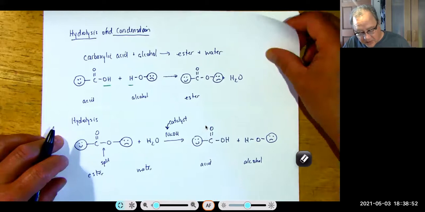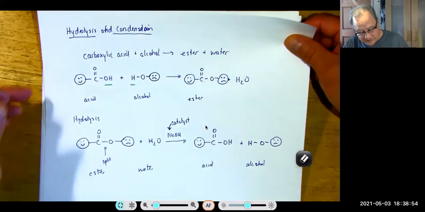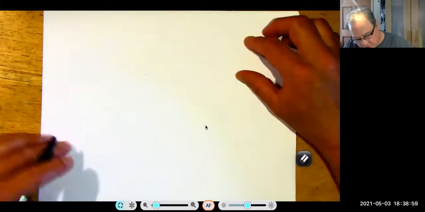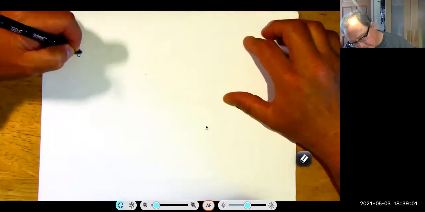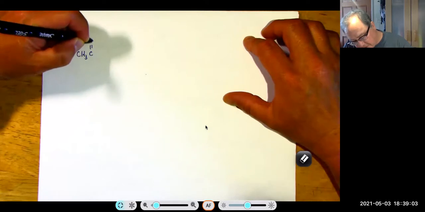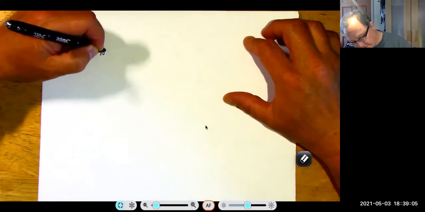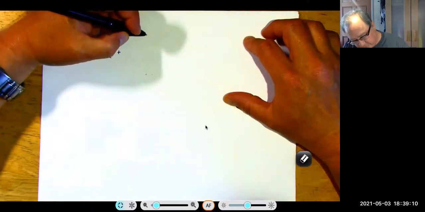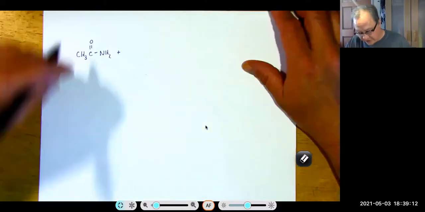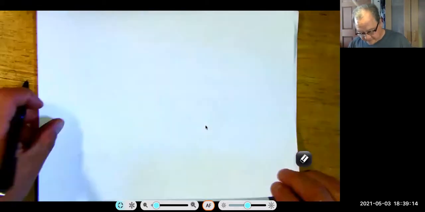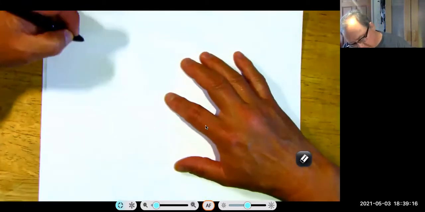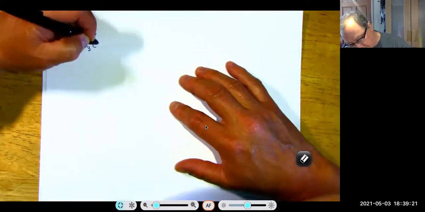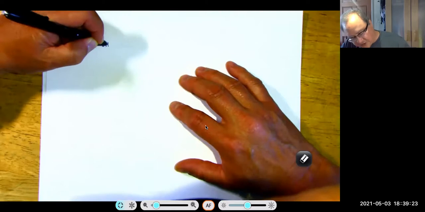Now there's another hydrolysis and condensation that you want to know. Imagine that you have this. Oops, my bad, got to start over. So this, I'm not going to use a smiley face. I'm going to use a CH3 here. And do you see how this is a carboxylic acid?